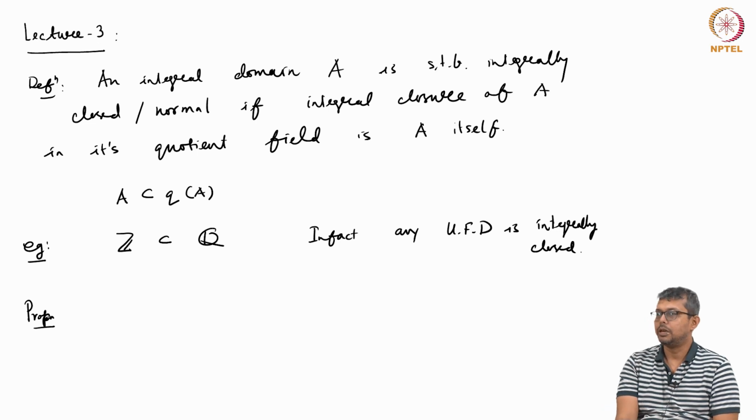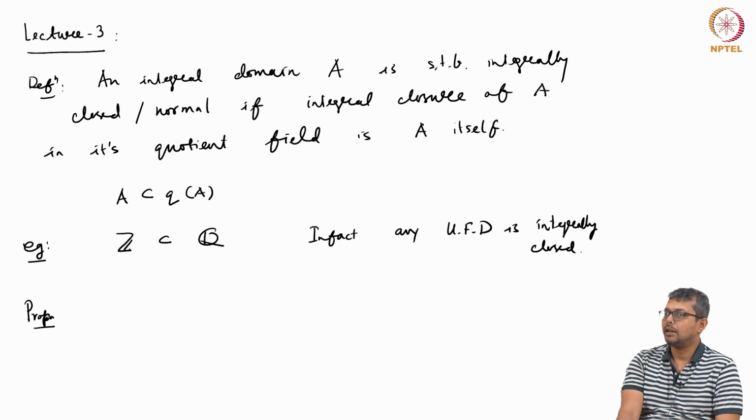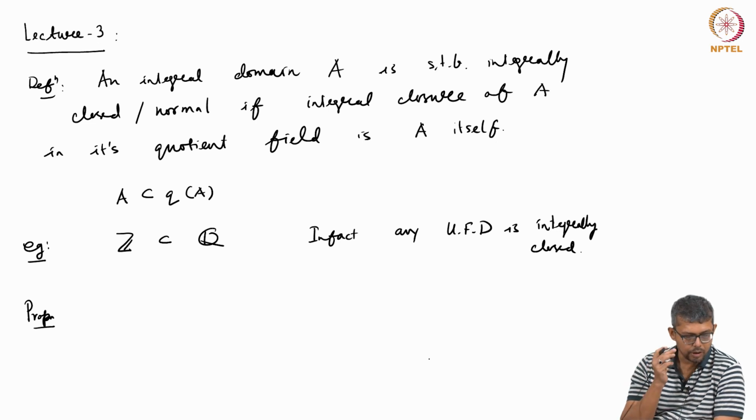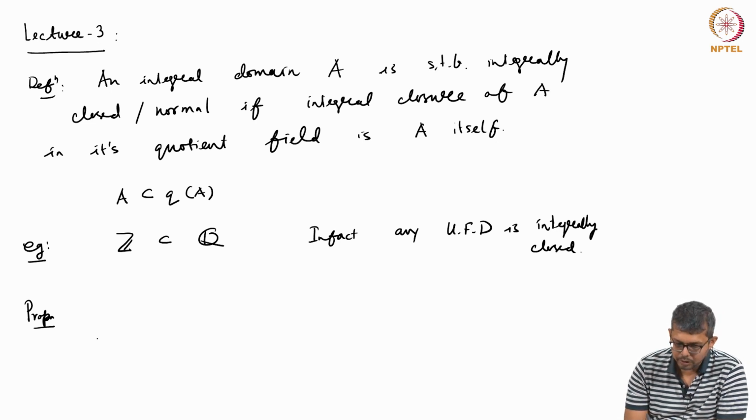So, how do you prove Z is integrally closed? You take any element a/b which is integral, where a and b have no common divisor, right? Then you will say that b has to be 1 or minus 1. The same proof will work for UFD. Okay. So, integral closedness is a local property.